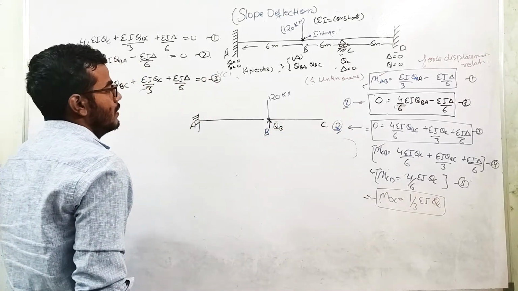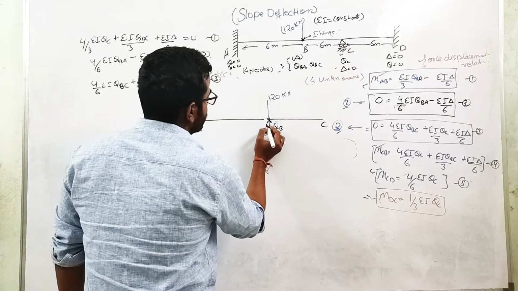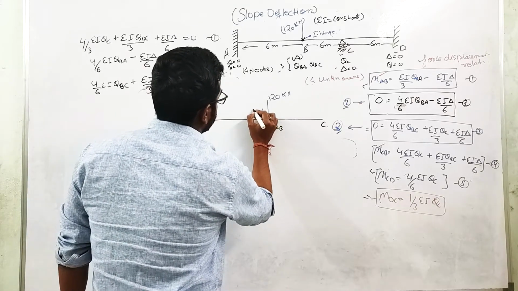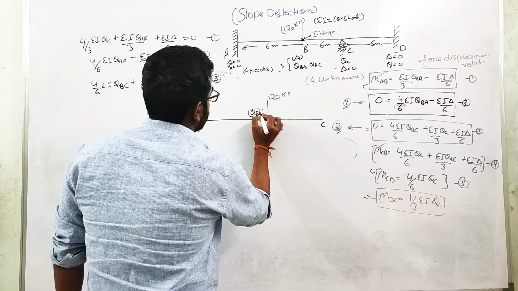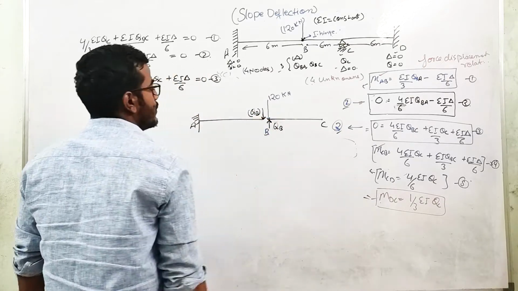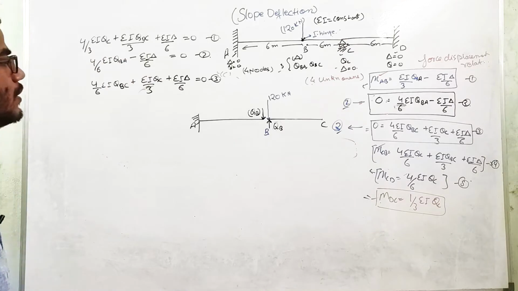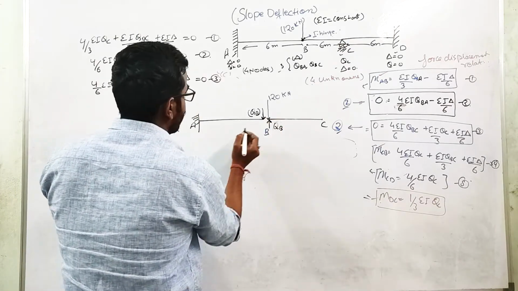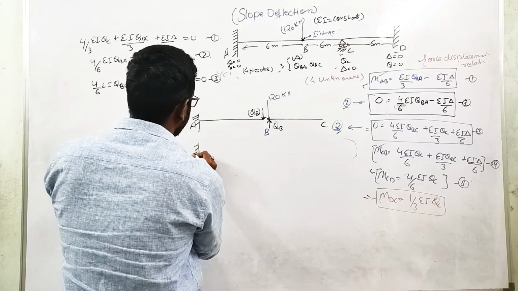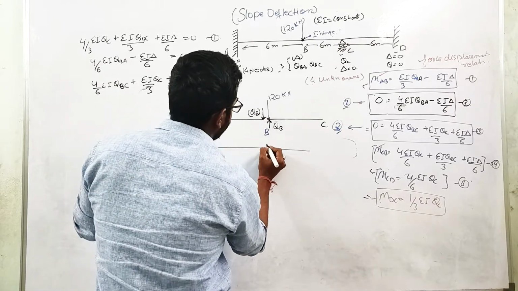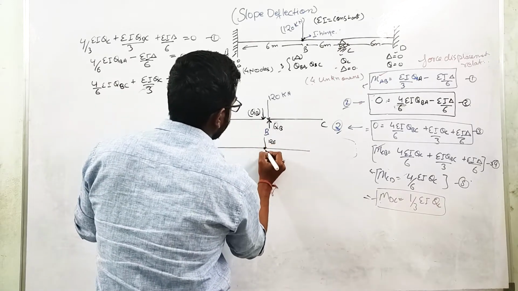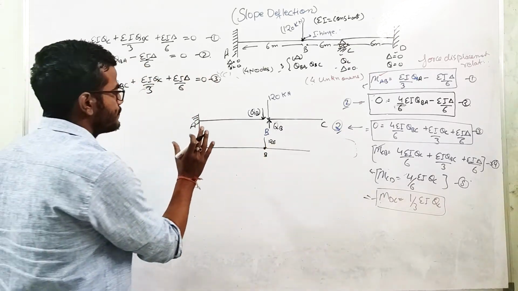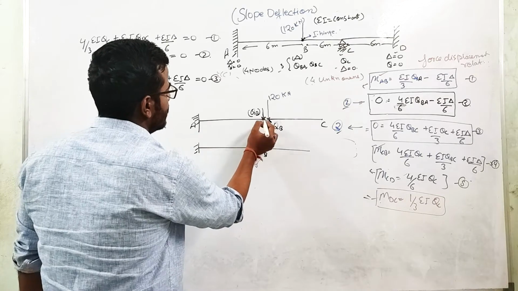Now an equal and opposite shear force will be acting in the downward direction. If I join these two portions, and this is the hinge point, I'll ultimately get a load of 120 kilonewton acting at this point B.